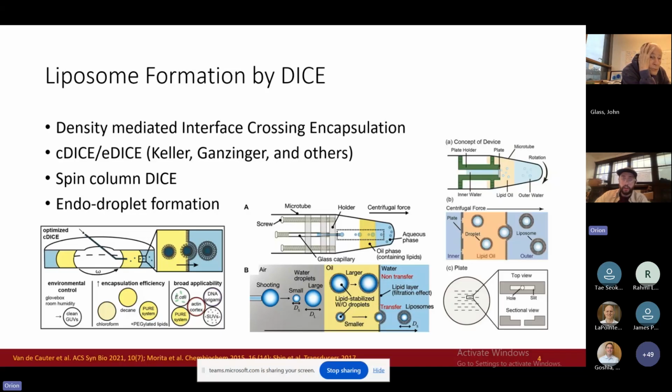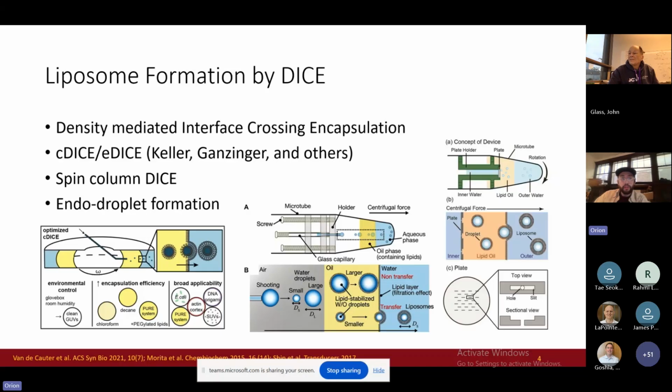This would pass through a lipid and oil solution, and then through a monolayer between that lipid and oil solution layer atop an aqueous collection volume. In 2017, another group looked at what would happen if you had the orifice of this system submerged, in an endo conformation, in the lipid and oil.